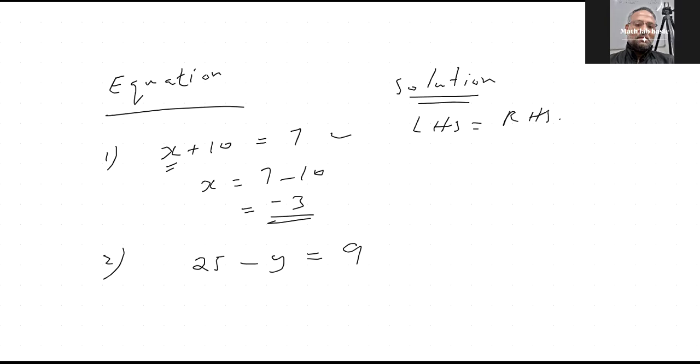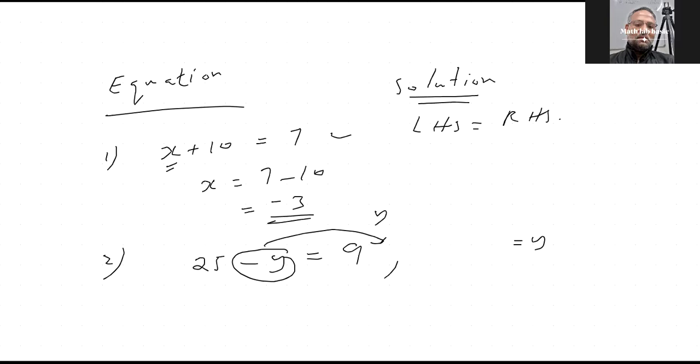What I am doing here is double transposing. I am moving this y to this side. Minus y will be plus y. I want y, so here 9, that means the sign is positive, plus. Bring it to the LHS.